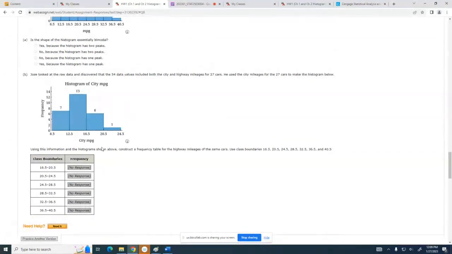That one doesn't go any further. So how would you do the problem for 24.5 to 28.5, when that one doesn't go that far? Do we just put that number?